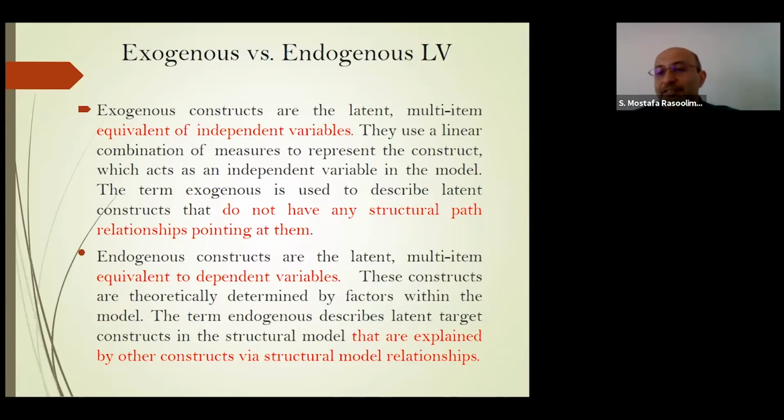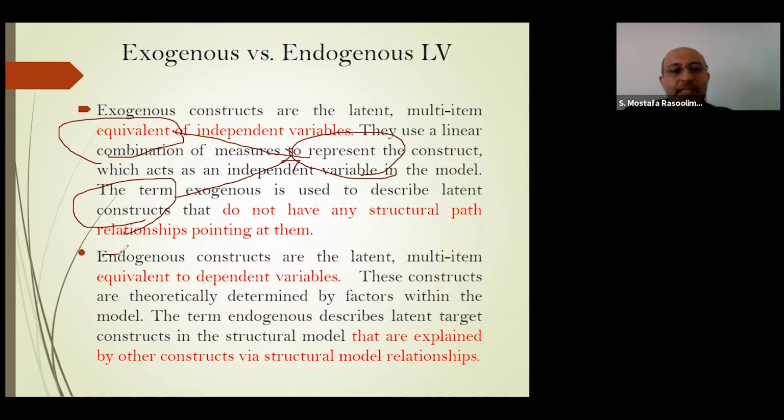And a dependent variable in first generation is a variable that is influenced by other variables, right? So this layer is the independent variable, and this layer is the dependent variable in first generation.